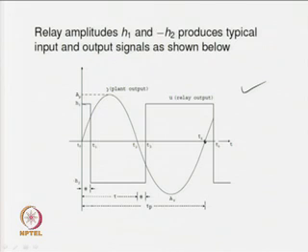This point must be taken care of while deriving analytical expressions for different parts of the output signal. When one tries to find the analytical expression for the output signal from time T 0 to T 1, one moves from time t equal to 0 to time t equal to theta. As we know, because of the delay associated with the real time system, the relay output gets delayed.